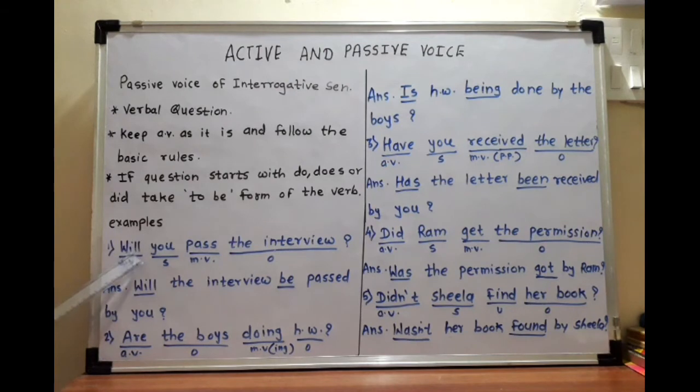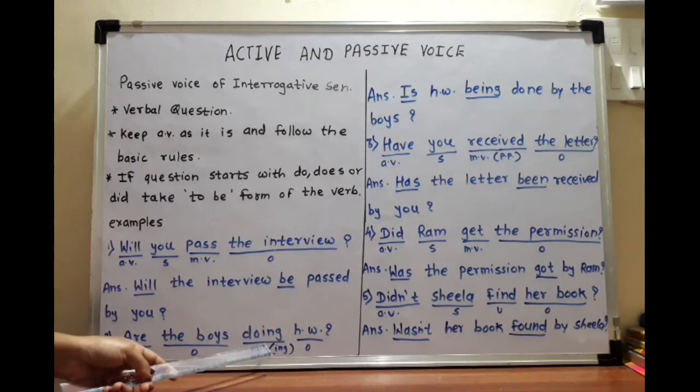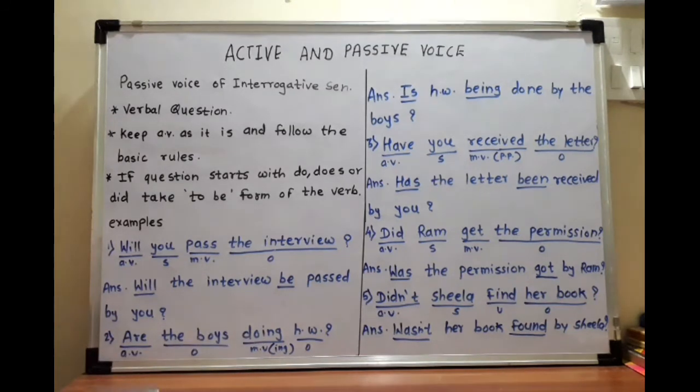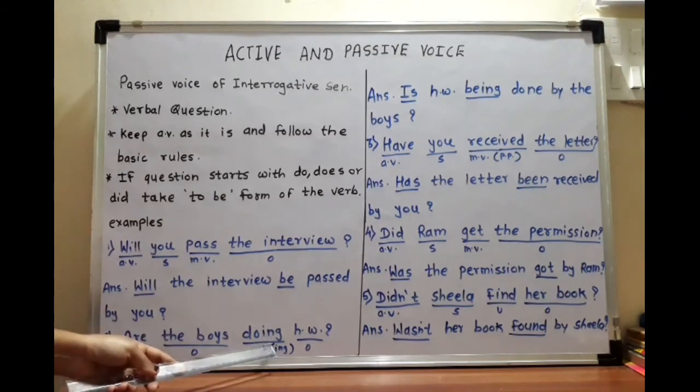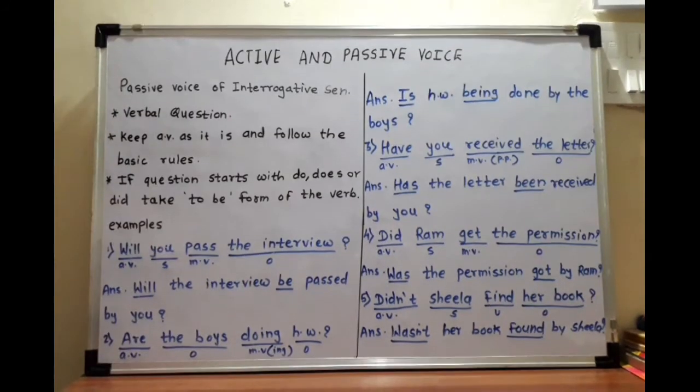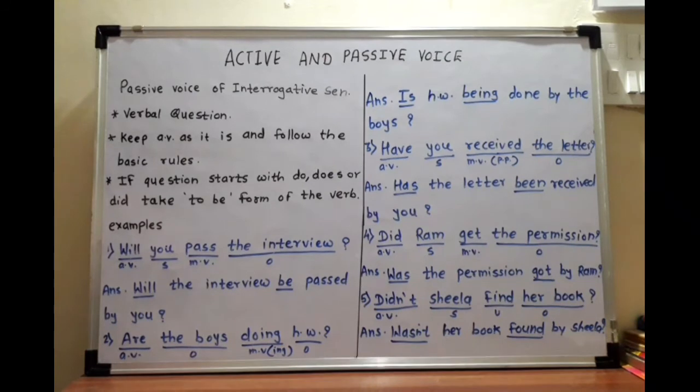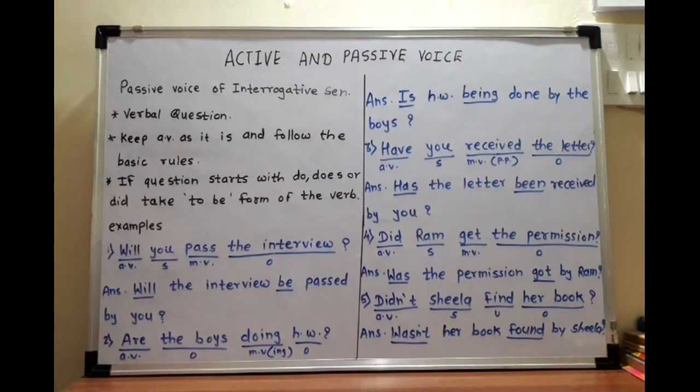Now your continuous tense is there. How did we identify this continuous tense? Because are and verb plus ing is there. Am, is, are plus verb plus ing is present continuous tense. When continuous tense is there, we are using being in passive voice.